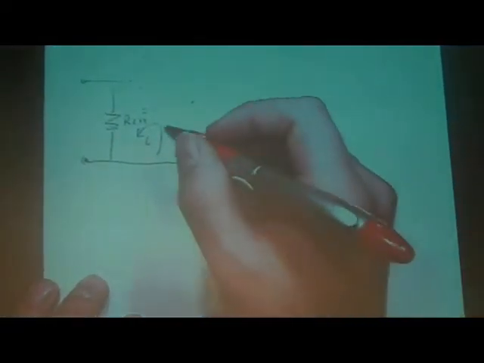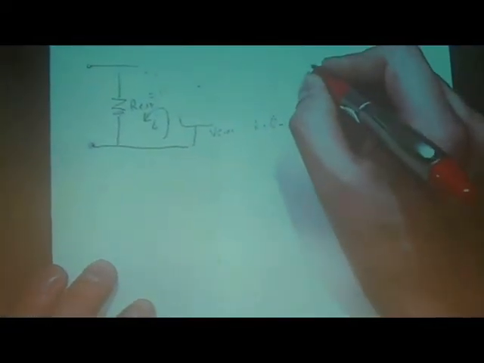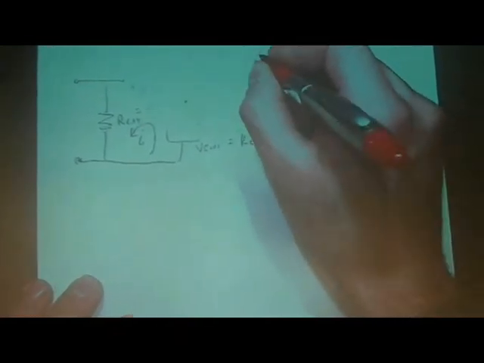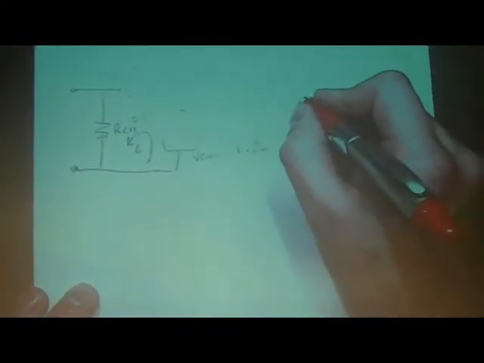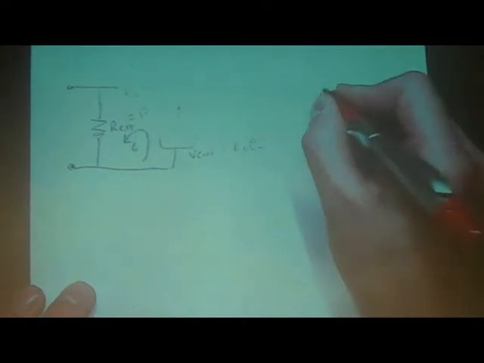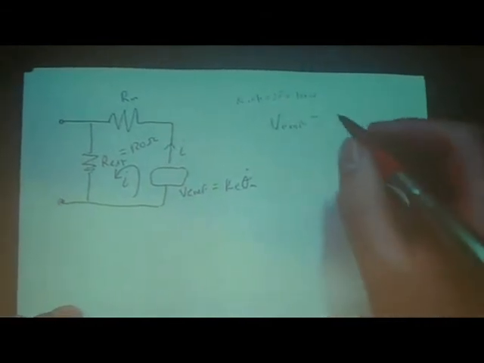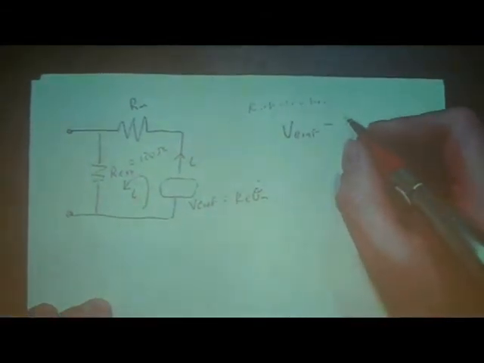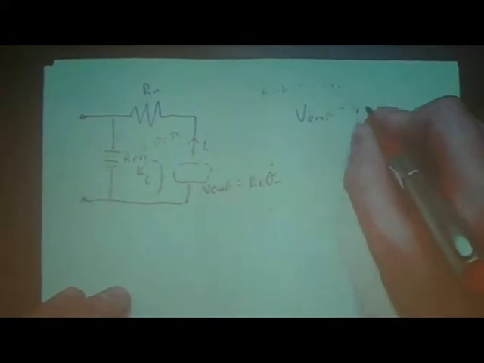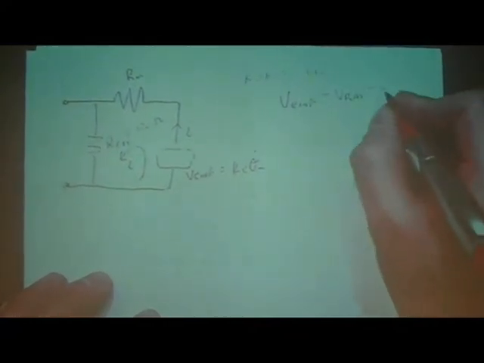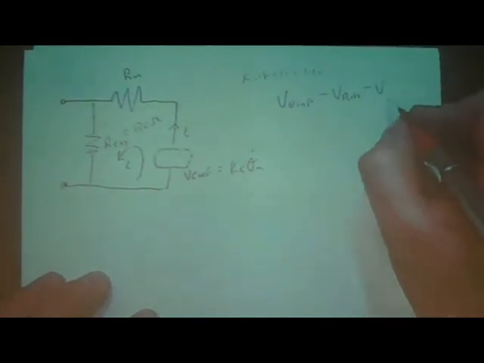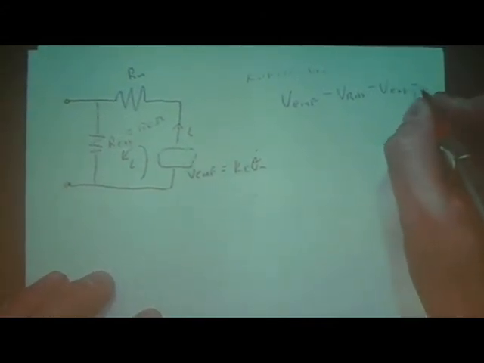So the governing equation for this loop based on Kirchhoff's law would be the VEMF of the generator minus the voltage drop across the resistor minus the voltage drop across the other resistor is equal to 0.